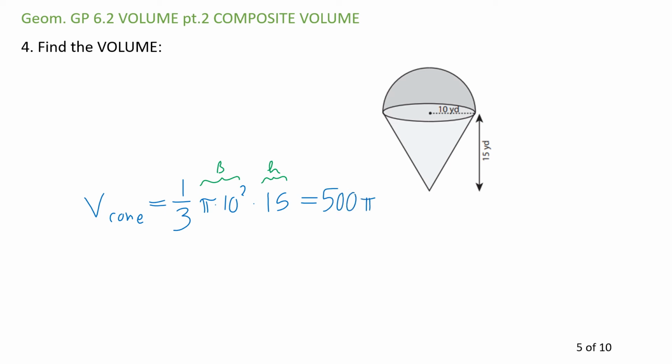Now I need to find the volume of this hemisphere on the top, or semisphere. The formula for a sphere, of course, is 4/3 pi r cubed. And again, the radius is the same. It's 10. And then the last thing I'm going to do is multiply it times 1/2, or divide it by 2, because I only want half of it.